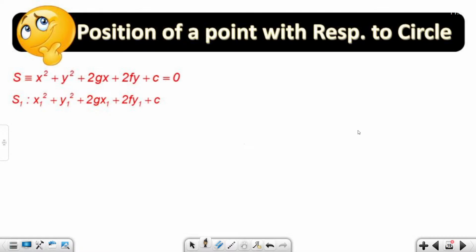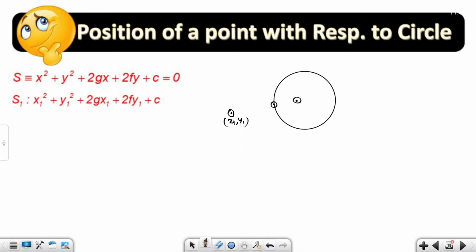This we have already discussed. Suppose there is a circle. Now there is a point. Let us say the point is x1, comma, y1. Now this point can be either outside the circle or on the circle or inside the circle.